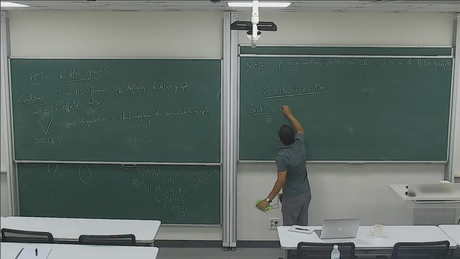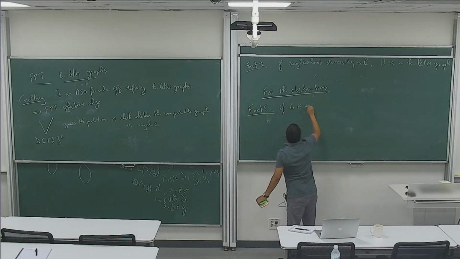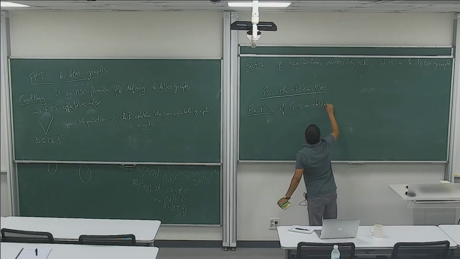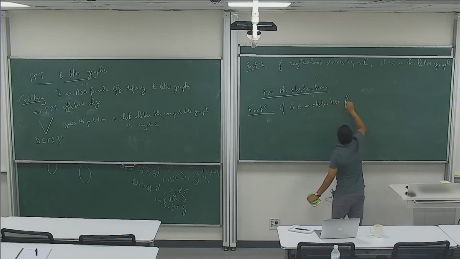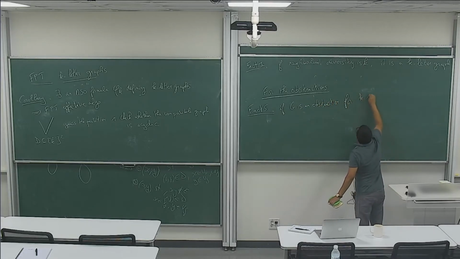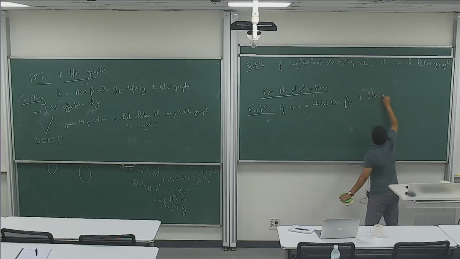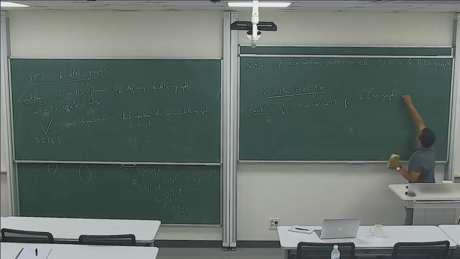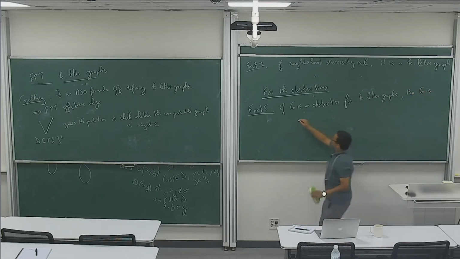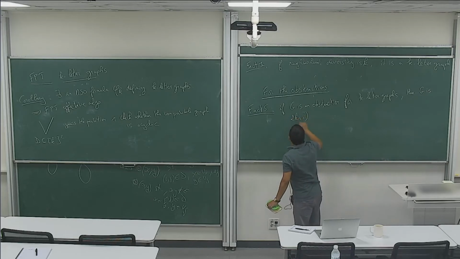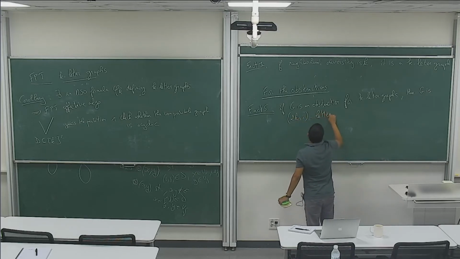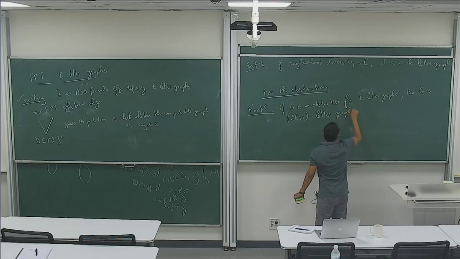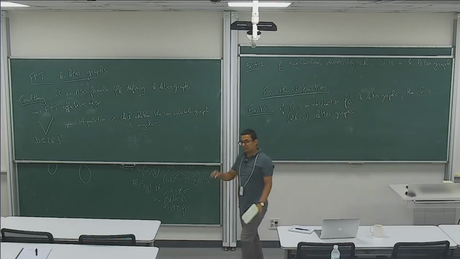If G is an abstraction for k-letter graph classes, for k-letter graphs, then G is a 2k plus 1 letter graph.